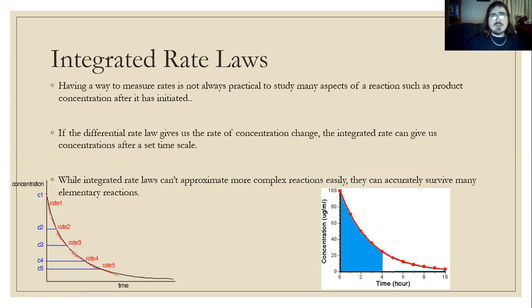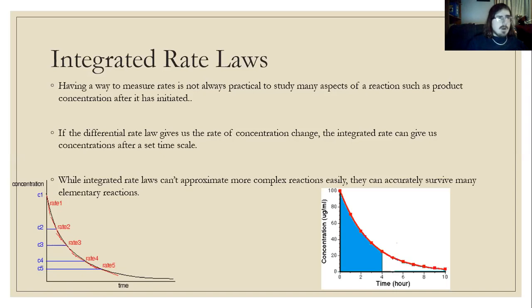We want to get into reaction mechanisms. So, how are we going to do that? Before anything else, we need to go into integrated rate laws, because once we have our rate law, we want to look at it at more than one period of time.